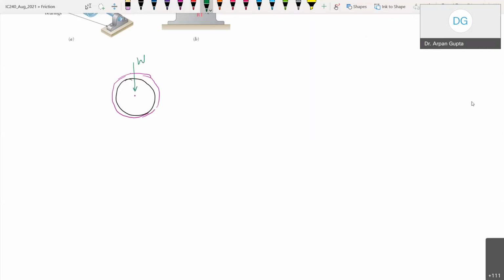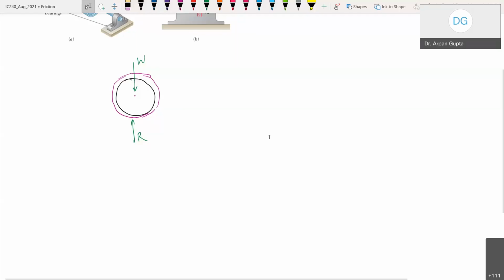the center of the shaft, and there will be a reaction R, which is going to be applied vertically upward.